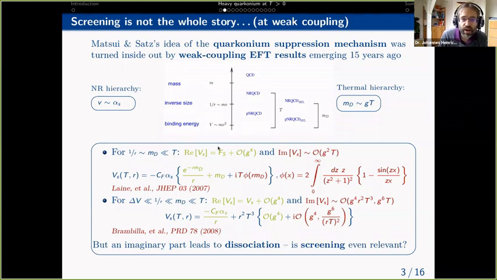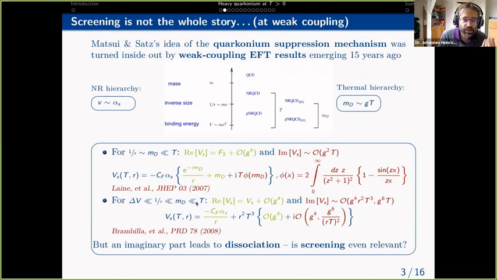In this case, what they found is that the real part of the potential would be the same as the singlet free energy, which is part of the Polyakov loop correlator we've seen previously, and that there would be an imaginary part that is parametrically of order g squared times the temperature.